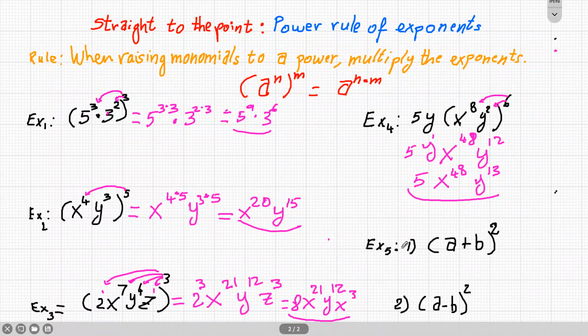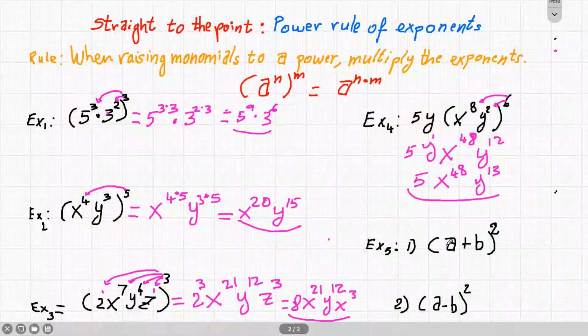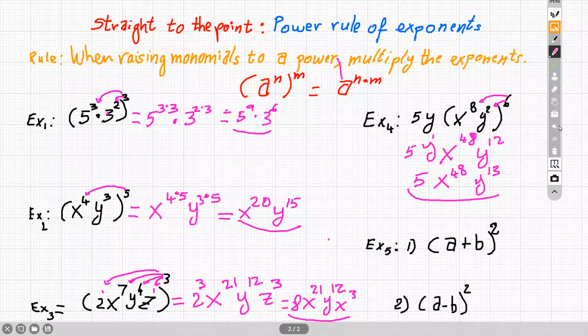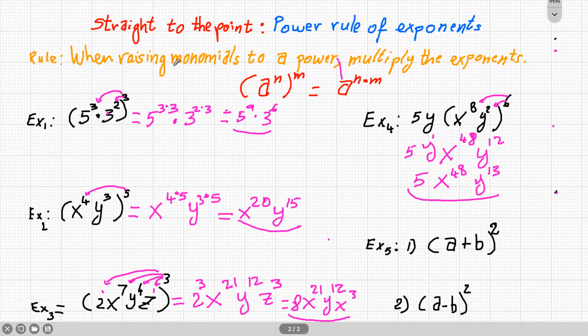Now, I added example 5 to make you aware of some non-examples. Remember what we just said right here. This rule applies only to monomials. That means you don't have addition or subtraction between the elements.